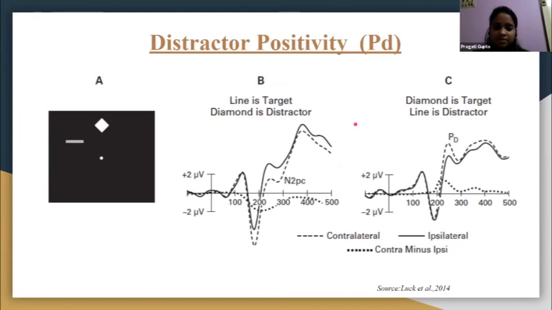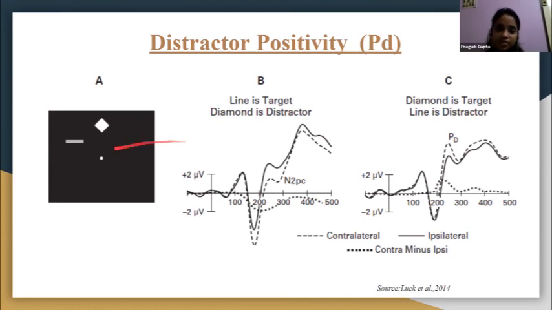So this is another ERP component, the distractor positivity. It is similar to the N2pc. This component was explored by Rita Sawaki, a postdoc in the Steve Luck lab. Initially she was trying to study the idea of the singleton. A singleton is an object which instantly catches our attention.